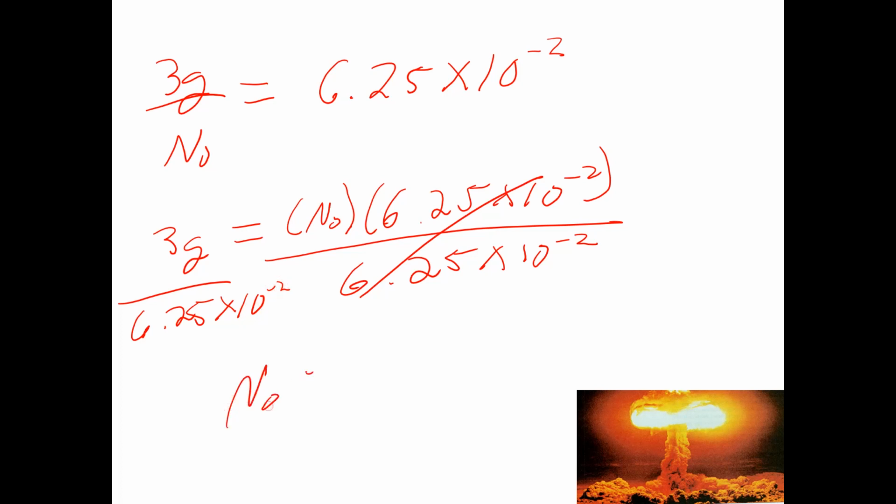So if I do that, I get 3 grams divided by 6.25 times 10 to the negative 2. That gives me 50 grams. So initially, I started with 50 grams here. And I would have, after all of these half-lives, gotten down to 3 grams.